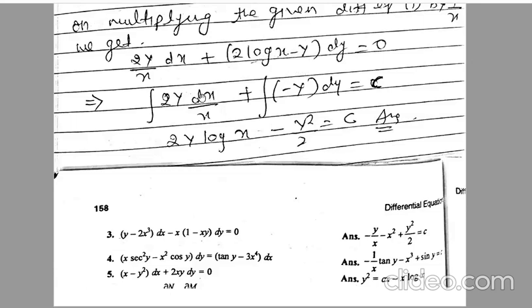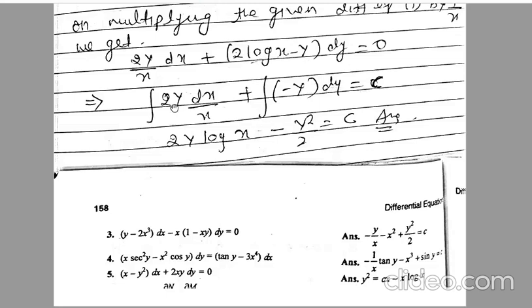So 2y dx upon dx, so on integrating both sides, in dy terms I told you that the solution of the n dy, that means not containing x. So this term is containing x, so that will be deleted and minus dy will be remaining.